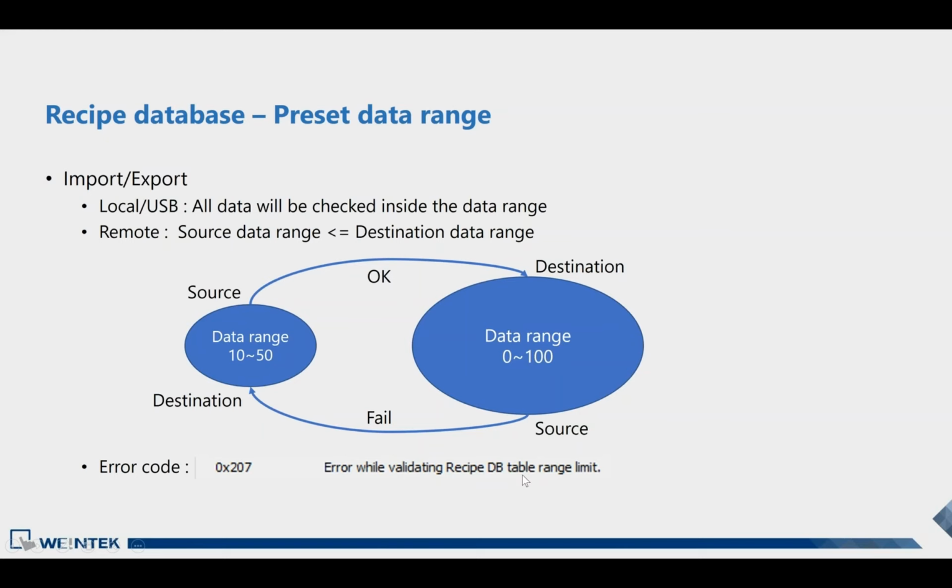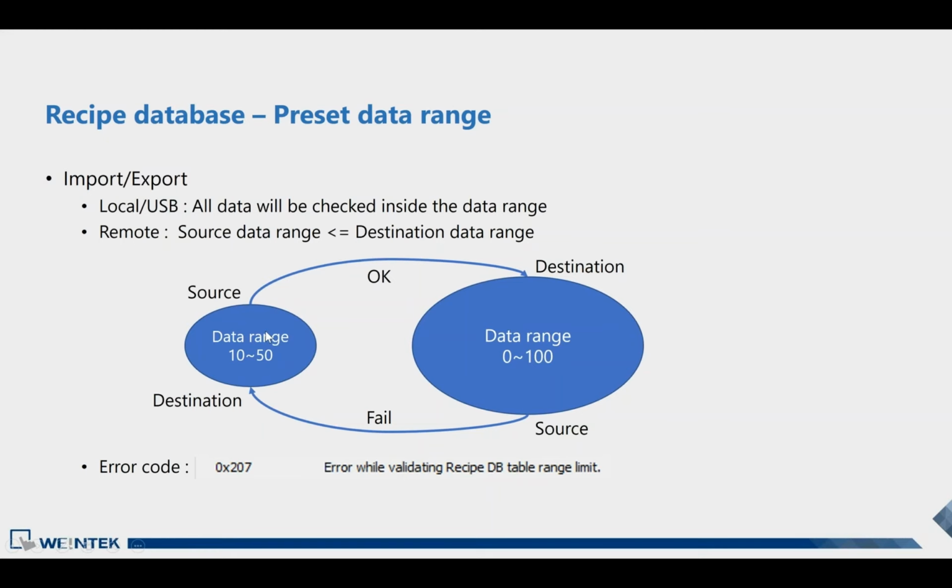Okay. But the question is, when we are using the remote HMI, which means we have two HMIs to transfer recipe data to each other, how to determine when the preset data range is set on both sides? Here's the chart to explain more clearly.